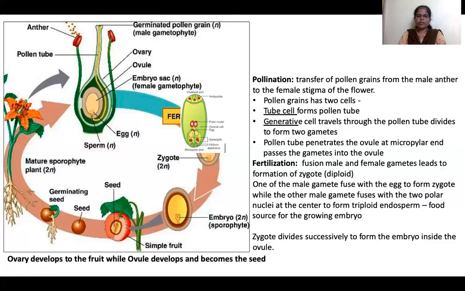This endosperm provides food for the growing embryo, the growing zygote.